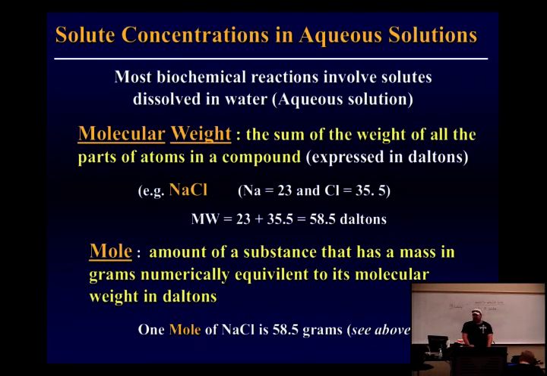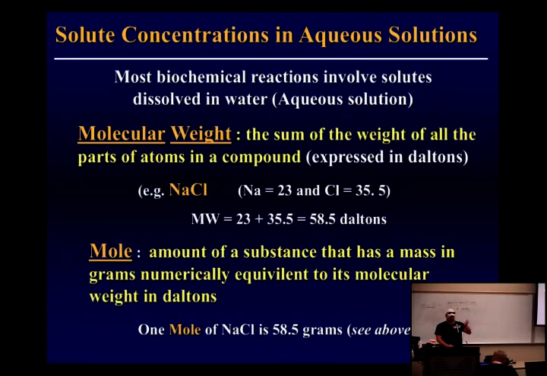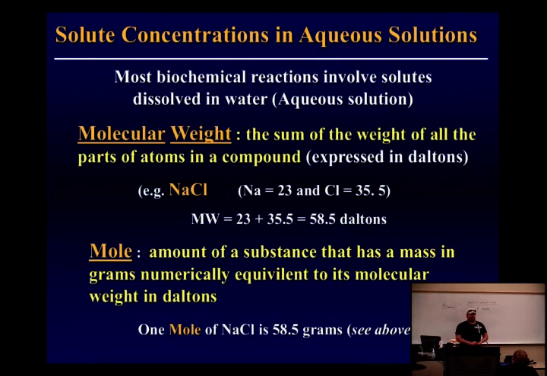All right, so a mole is just basically taking the molecular weight in daltons and then just crossing off the daltons and putting grams. Right? So it's pretty straightforward. What does a mole of hydrogen weigh in grams?